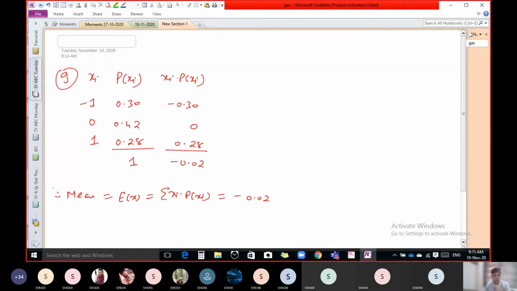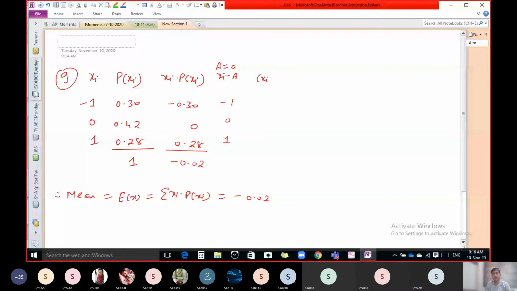Here we have to find mu1 dash, mu2 dash, mu3 dash. First of all, xi minus a. Here you have to take a equal to 0, so xi minus a is nothing but xi only: minus 1, 0 and 1. Now xi minus a into frequency, but instead of frequency you have to use probability.